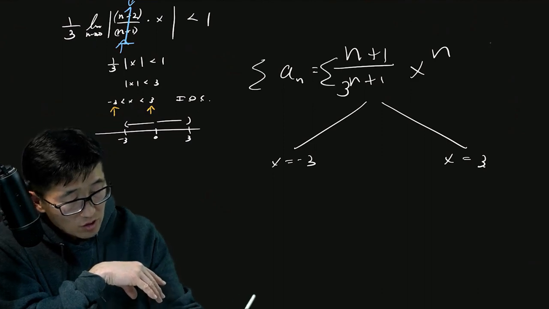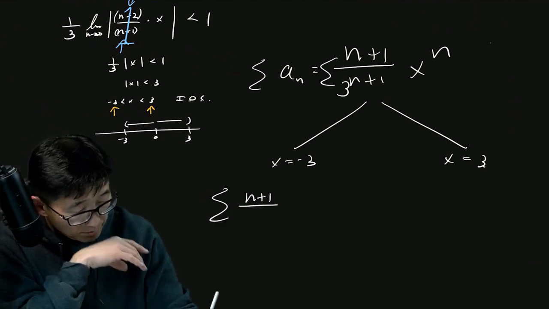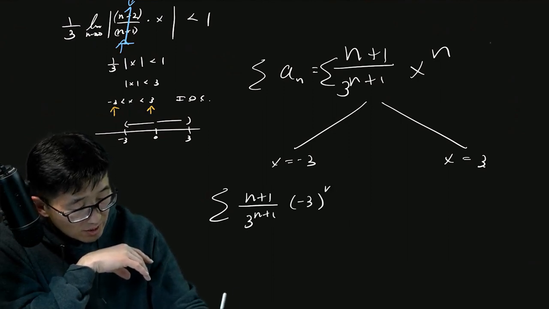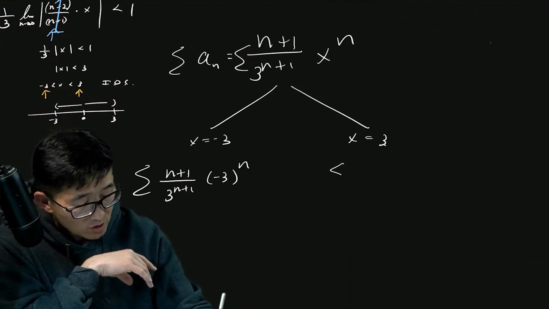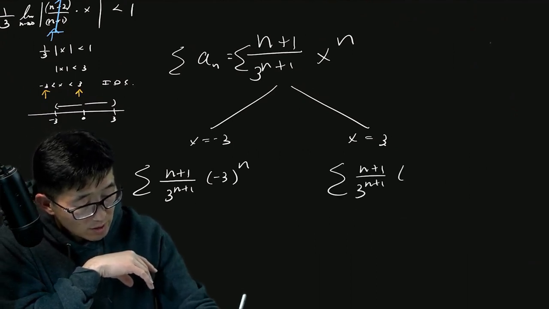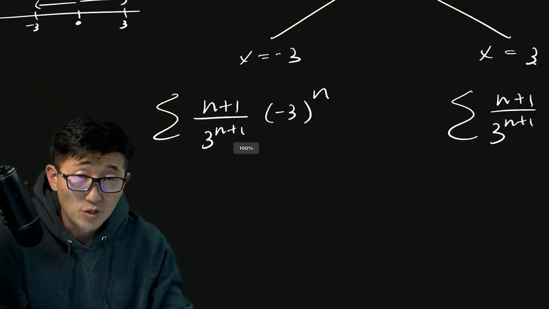So this will look like this: (n plus 1) over 3 to the n plus 1, times -3 to the n. And on this side, it will be (n plus 1) over 3 to the n plus 1, times 3 to the nth power. Now this is actually pretty easy to work with.